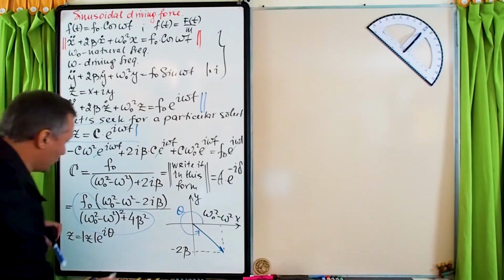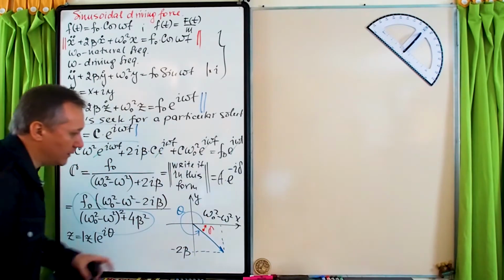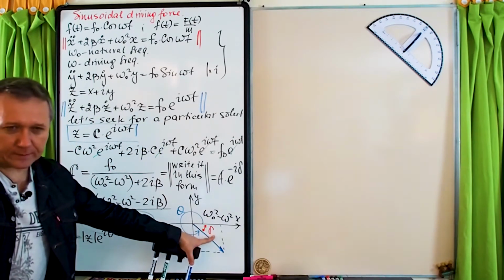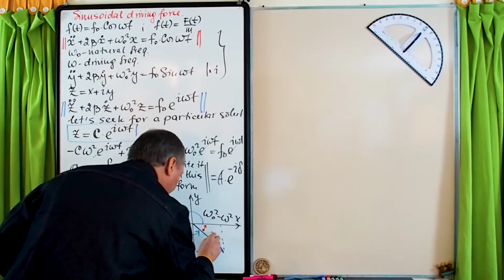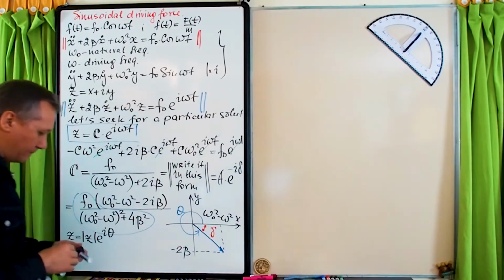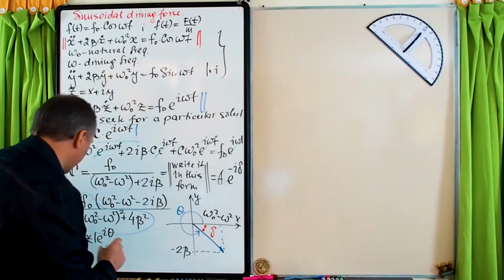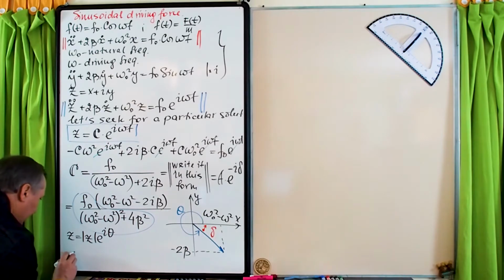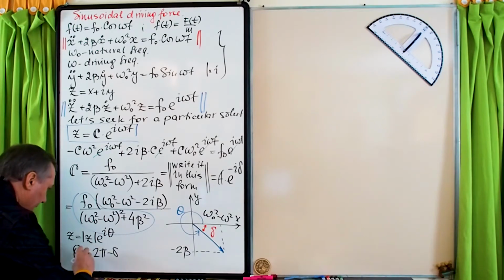But of course, who wants to deal with that angle theta? It's better to work with this angle delta. You see small delta? It's this delta. And of course, theta is 2 pi minus delta.